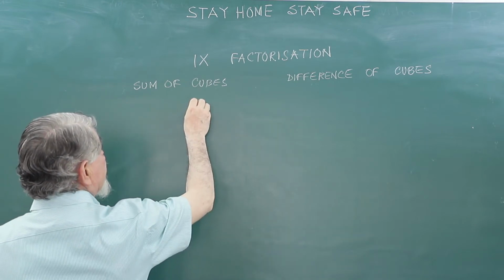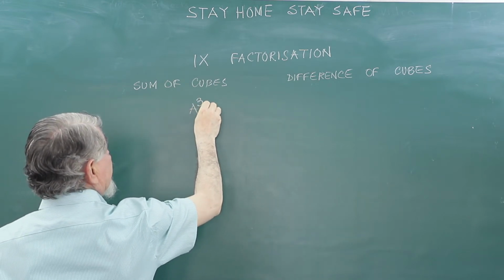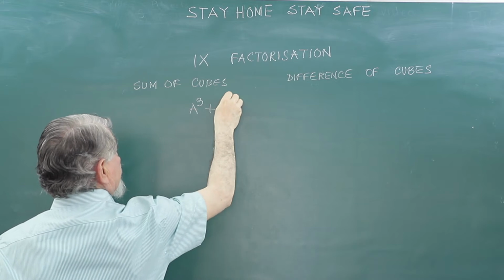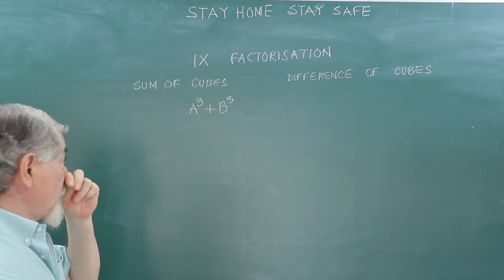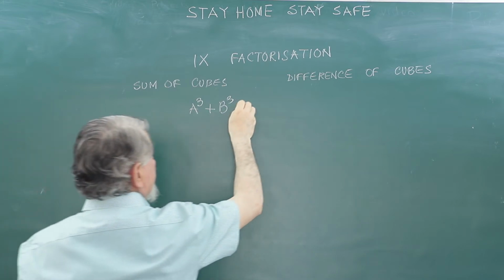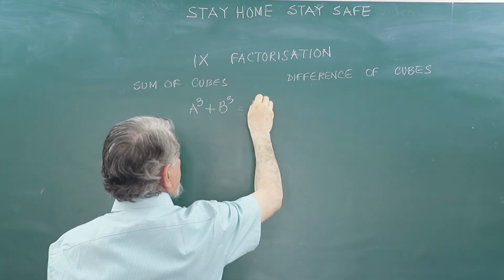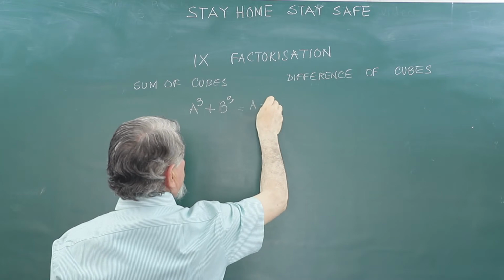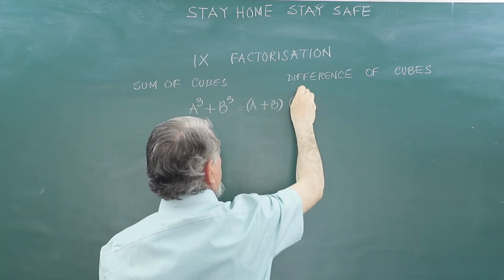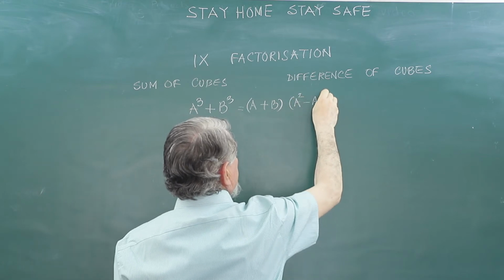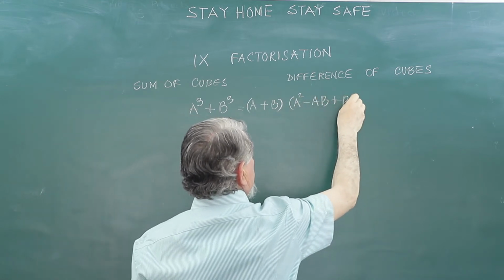Sum of cubes means a cube plus b cube. Suppose it is a cube plus b cube. What are the factors of a cube plus b cube? A cube plus b cube has factors a plus b into a squared minus ab plus b squared.